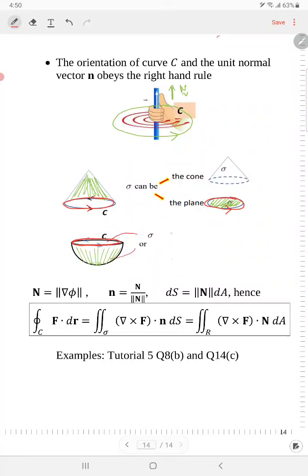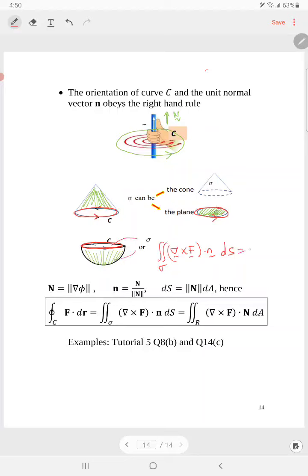If you want to find the integral of del cross F dot the normal vector over the open surface sigma, you can see that all the open surfaces we have here, the cone, the plane, and the paraboloid, have the same closed curve. So you can use the closed curve integral of F dot dr, and it would be the same whether your open surface is a cone, a plane, or a paraboloid, because they all have the same closed curve, which is a circle.